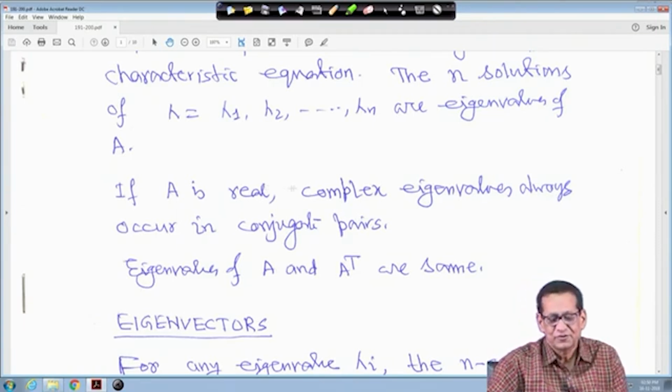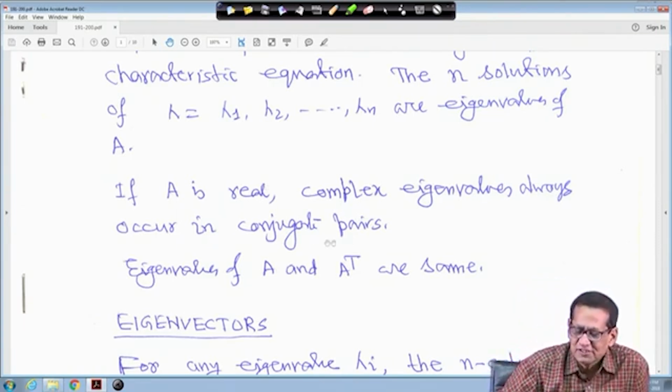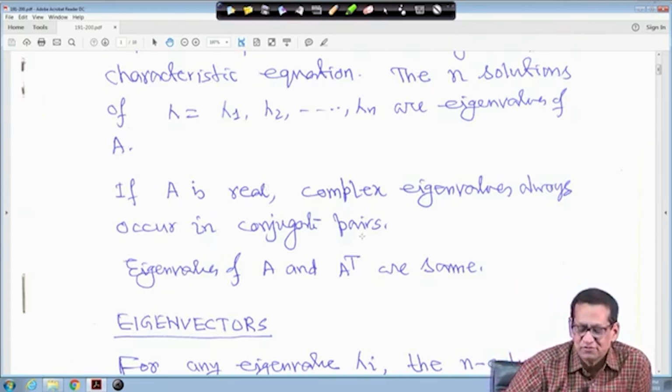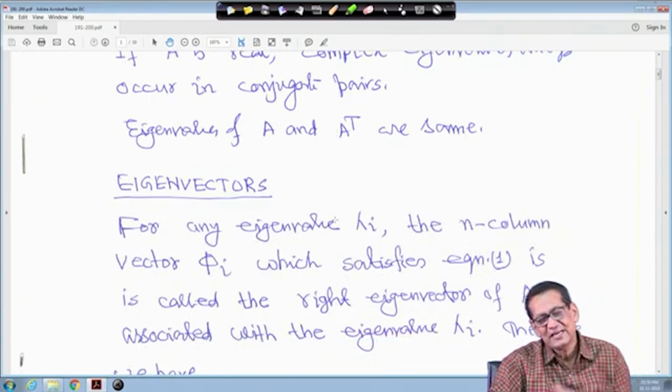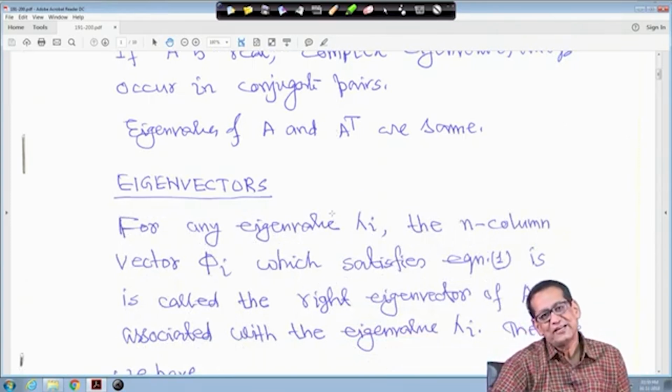In this case matrix A will never be symmetric, like A ij not equal to A ji for all cases. Another thing is that eigenvalues of A and A transpose are the same. Next we need both right eigenvectors as well as left eigenvectors.